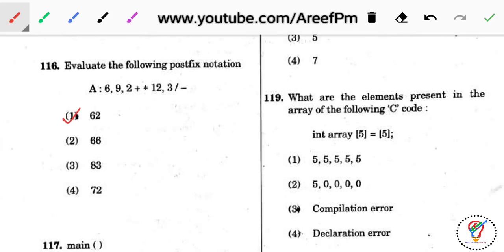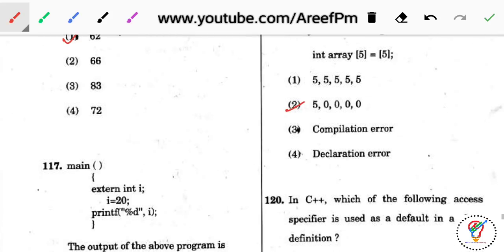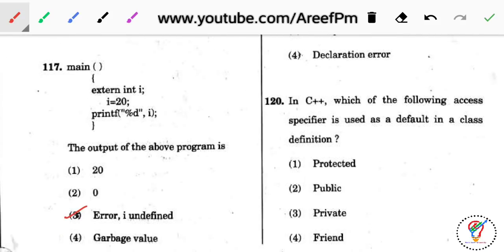Next one, 119. What are the elements present in the array of the following C code: int array[5] is equal to {5}? It is going to be 5 0 0 0 0. So the first element is 5, and all remaining elements are zeros. Now 120, question number.